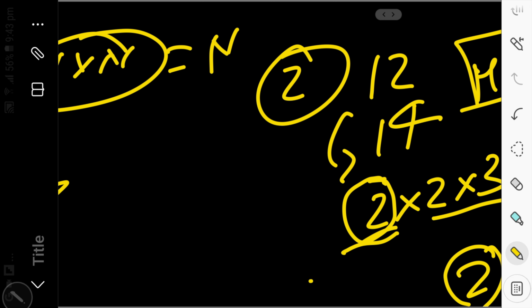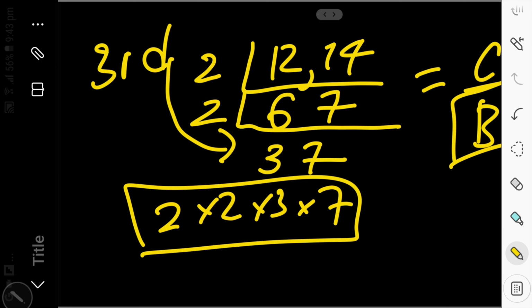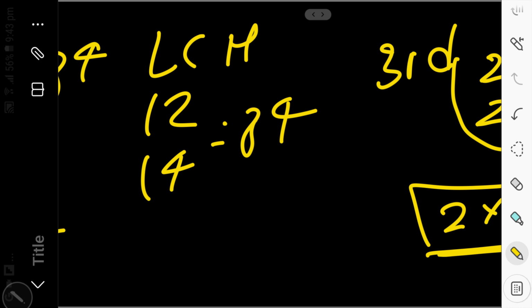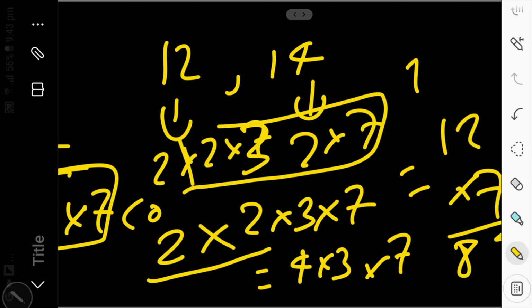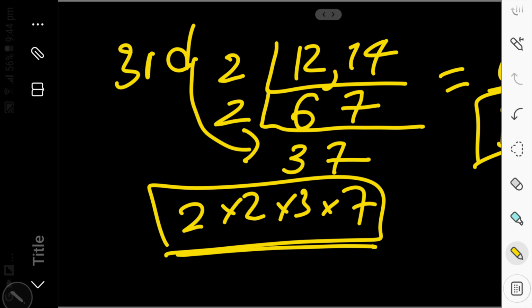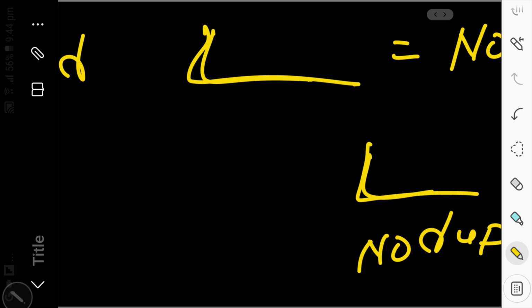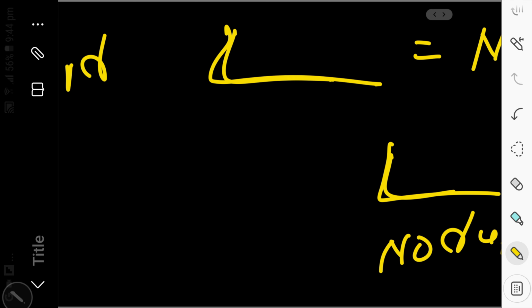That's why in here, I'll show you, wait a second, here it gave no duplication, whereas using the prime factorization it gave us duplication. That's why we put the common multiple and multiply with the remaining, but using the dividing method, there is no duplication.